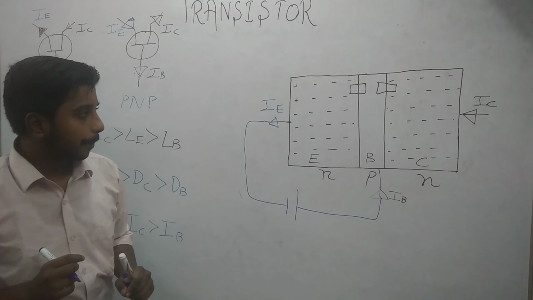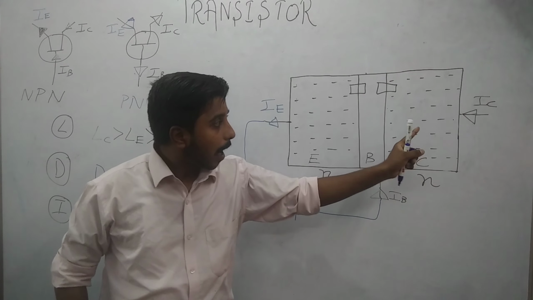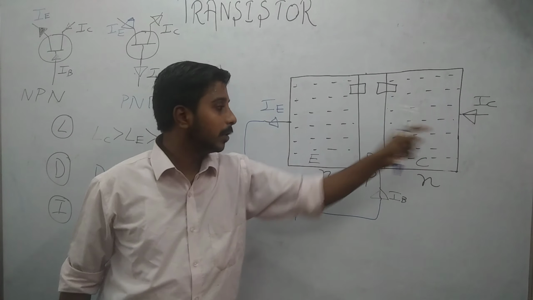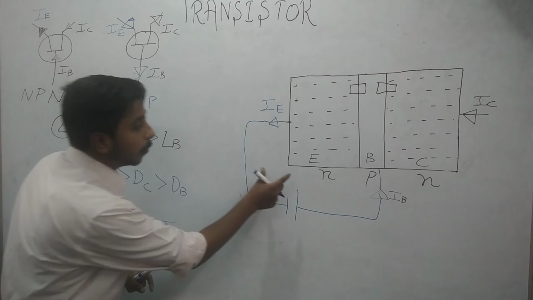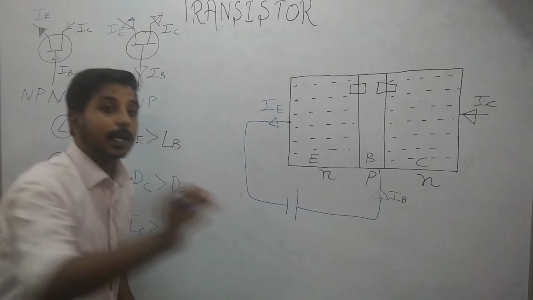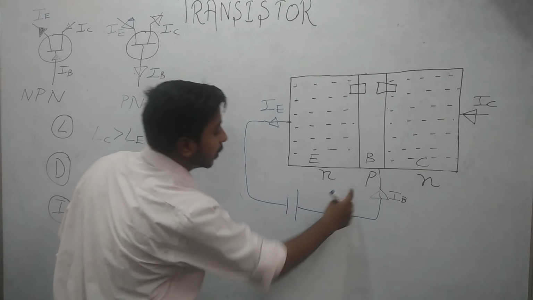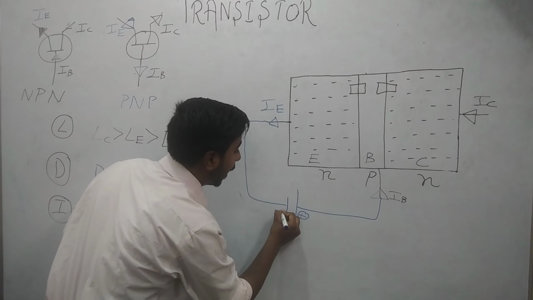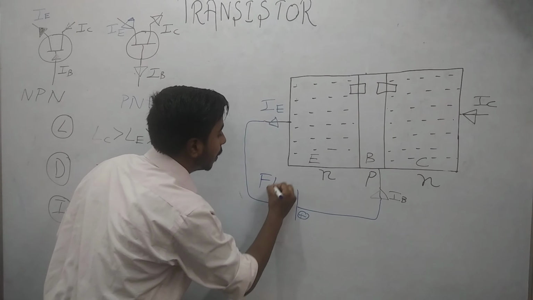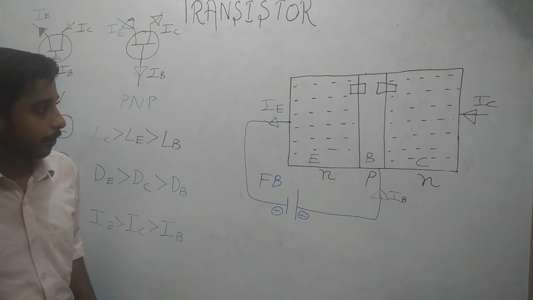Now you will see how we will give the potential to this one. Also you can memorize this by the rule that the diode is always in forward bias, positive to P and negative to N, that is forward bias condition.